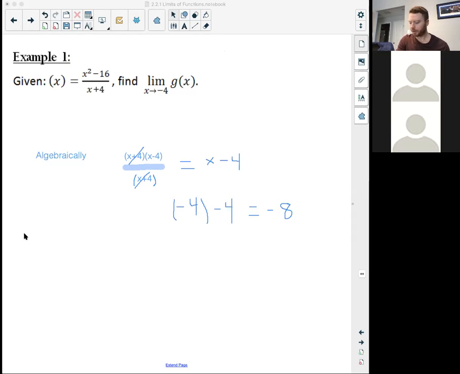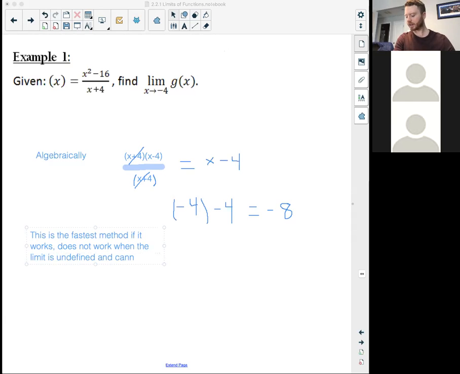And just a note on solving it algebraically. This is the fastest method if it works. It does not work, however, when the limit is undefined and cannot be simplified.